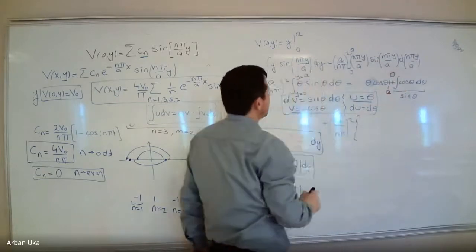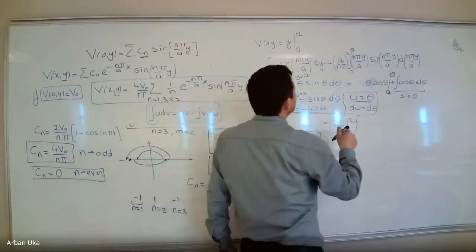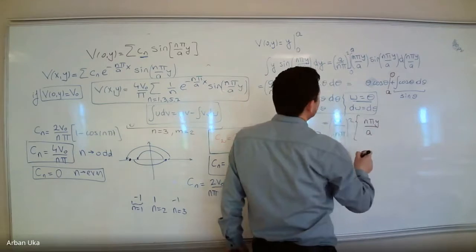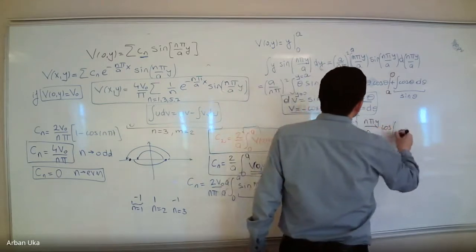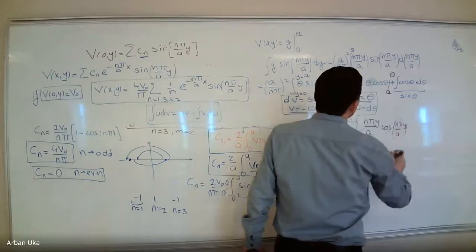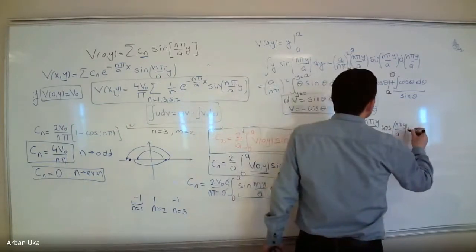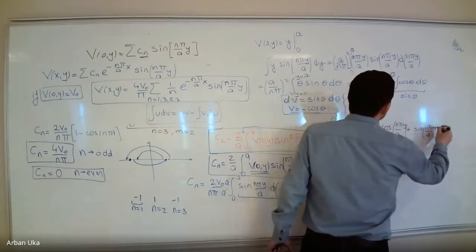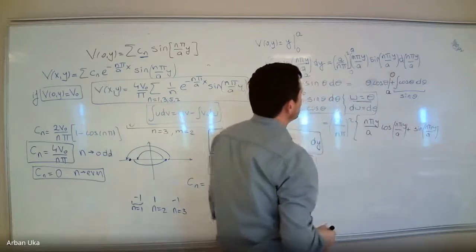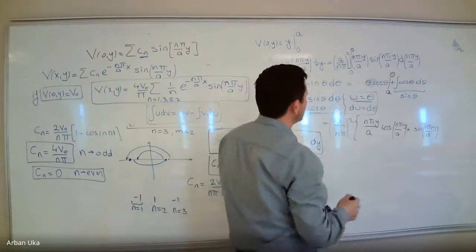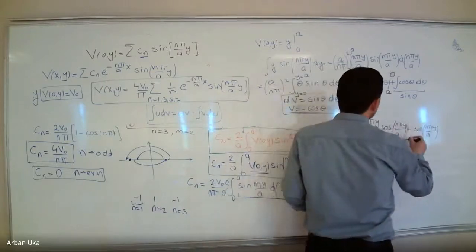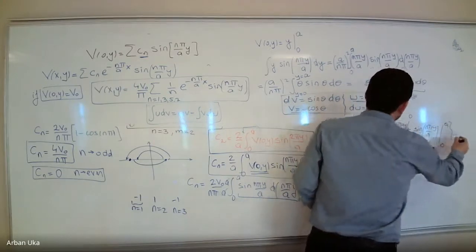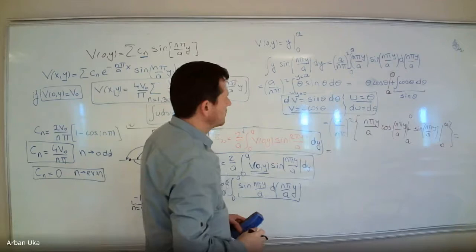But then, instead of theta, we can write here n pi y over a times cosine n pi y over a plus sine of n pi y over a, and let's not forget the limits here will be from a to 0, sorry, from a to 0, but the limits here will be from 0 to a for reasons that you know better than me.